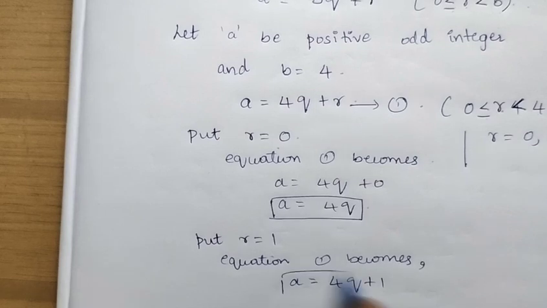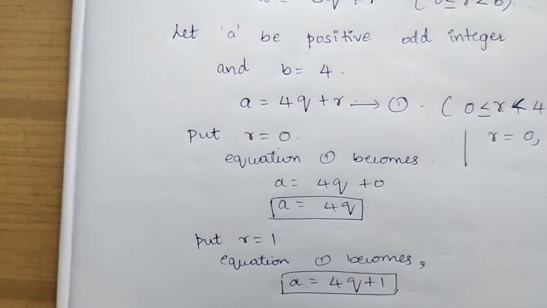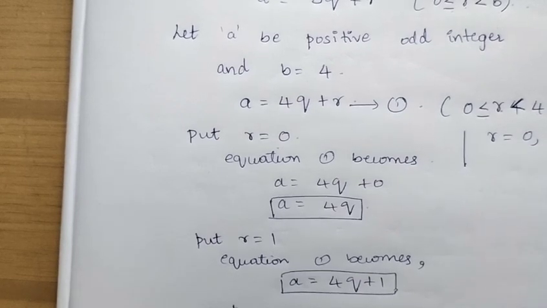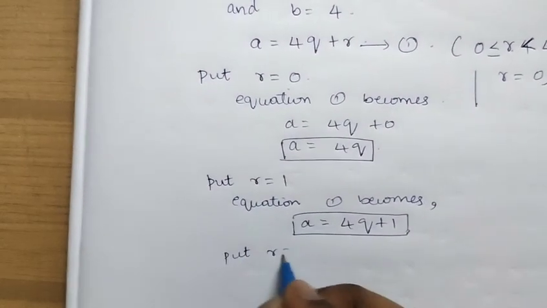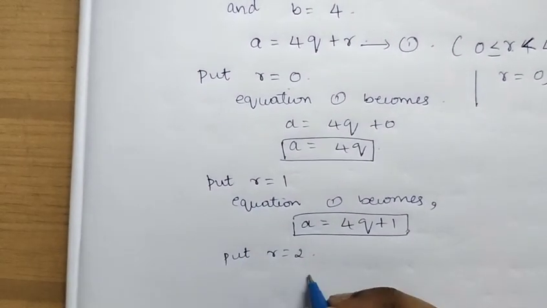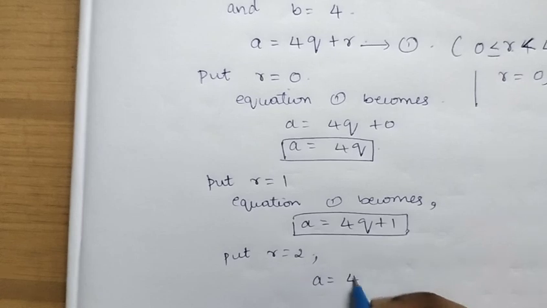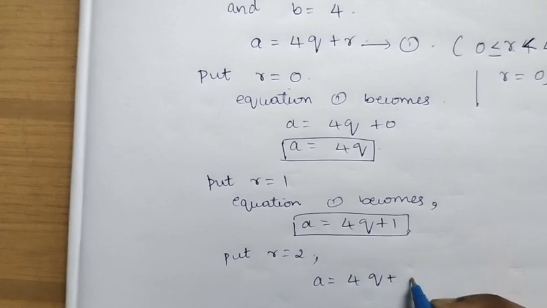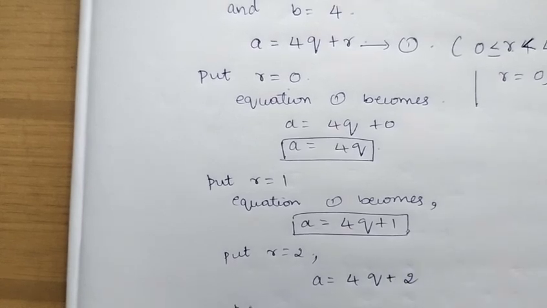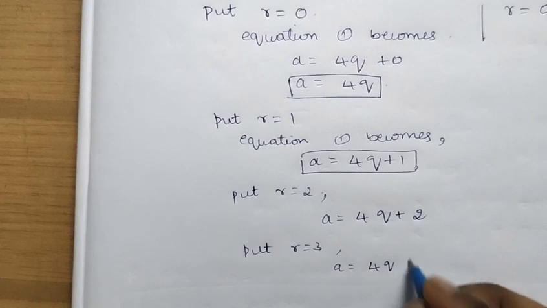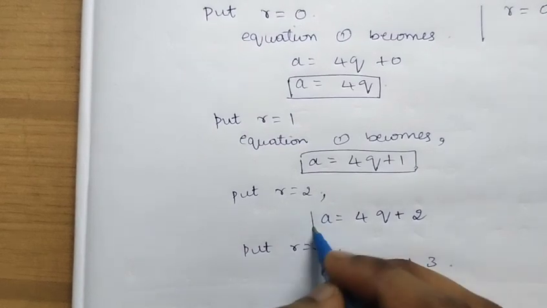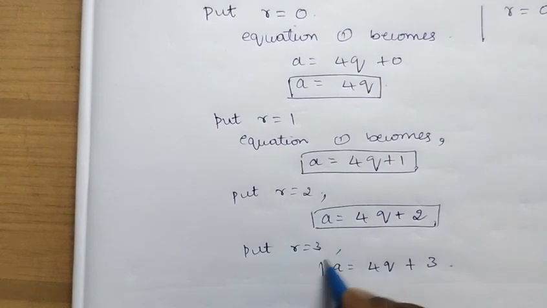We got one more value for a. Similarly, if I put r is equal to 2, then a is equal to 4q plus 2. Now put r is equal to 3, then a is equal to 4q plus 3. I got 4 values for a.